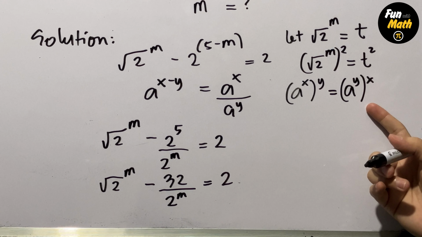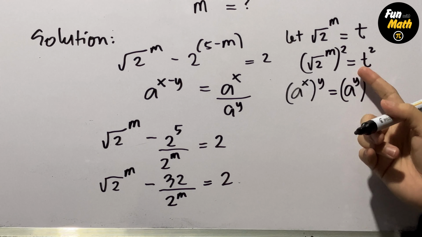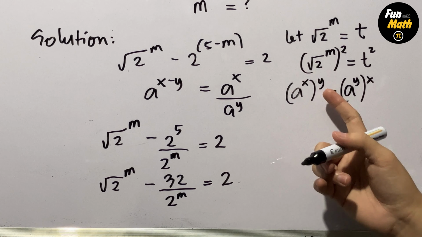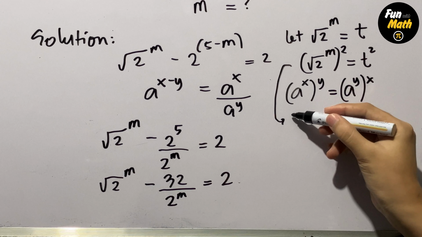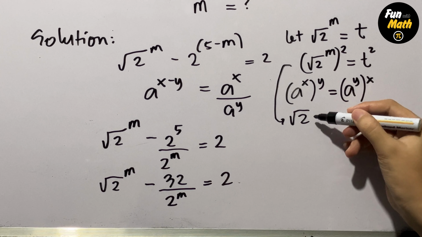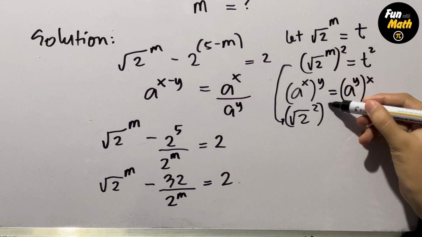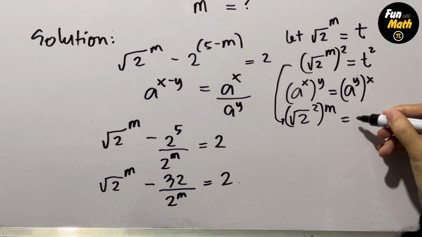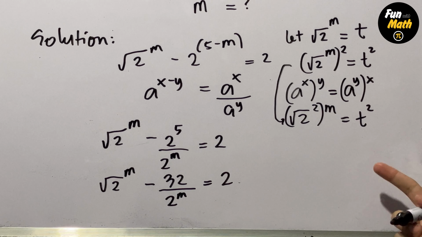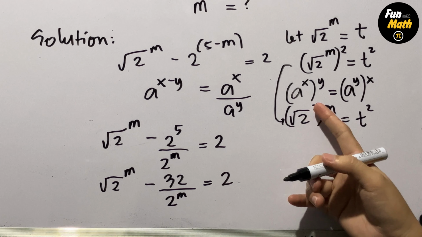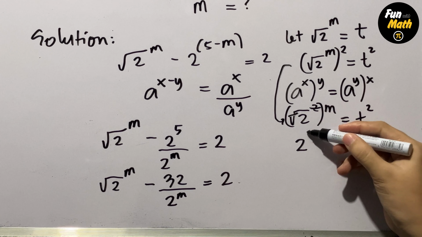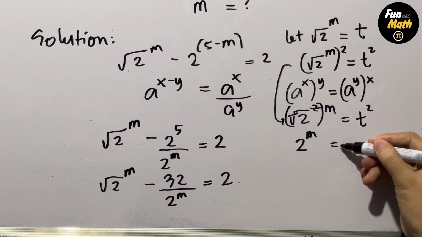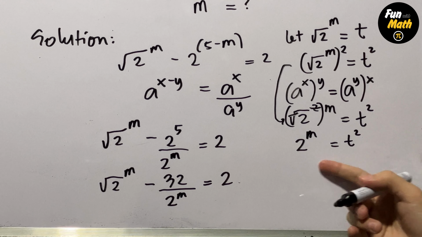This rule means that we just interchange the power. So this is now square root of 2 squared, whole to the power of m, is equal to t squared. And for this, the squared and the radical can be cancelled. So we're left with 2 to the power of m is equal to t squared.